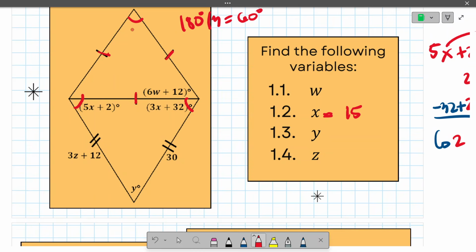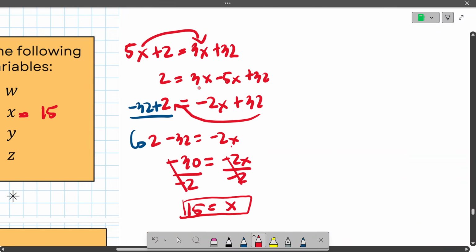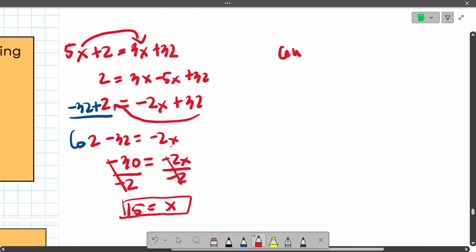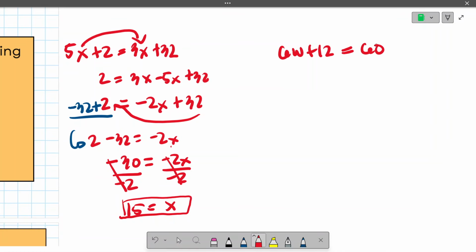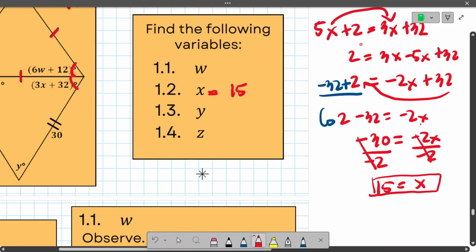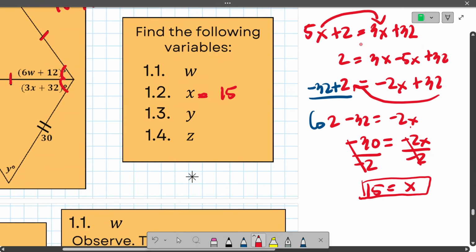So that means every angle here ay 60 degrees. Meaning, if this angle is 60 degrees, this angle is also 6W plus 12. So 6W plus 12 is also the same as 60. Then from here, we can solve it na algebraically.